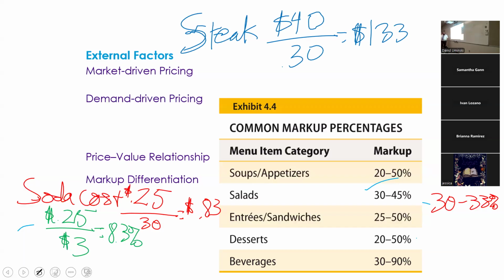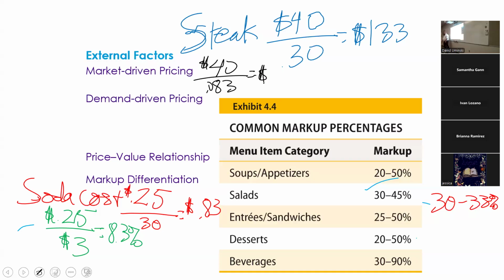Let's apply that to our steak. If our steak costs me $40 and I divide by 0.083, what is my suggested selling price if I wanted to use this exact same percentage for my beverages as I do for my steaks?